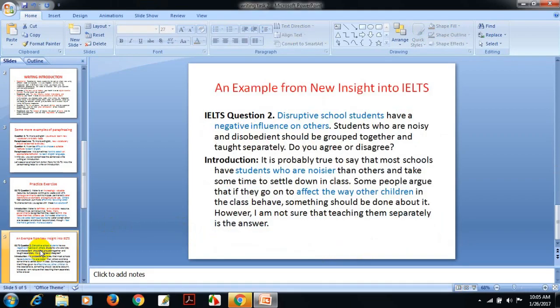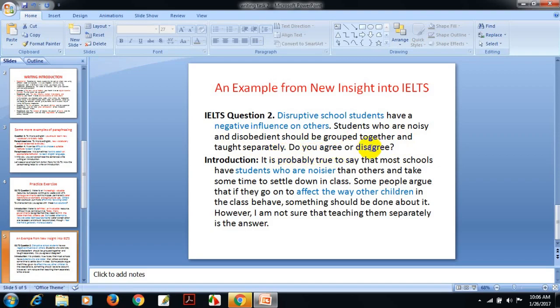Now, an example from New Inserted Drafts. IELTS question 2. Disruptive school students have a negative influence on others. Students who are noisy and disobedient should be grouped together and taught separately.